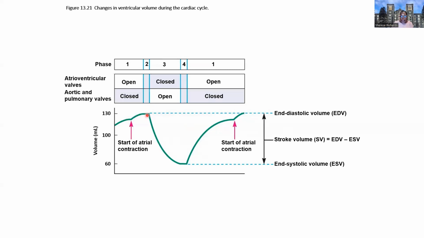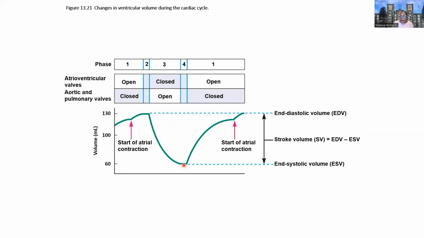And now at the end of phase one and throughout phase two, we have the highest total volume in our ventricle, and that is 130 mLs or our end diastolic volume. Now, as phase three begins, we eject that blood. So now volume is dropping. And now we're going back down to our end systolic volume, which is the end of phase three. And then that stays the same throughout phase four.